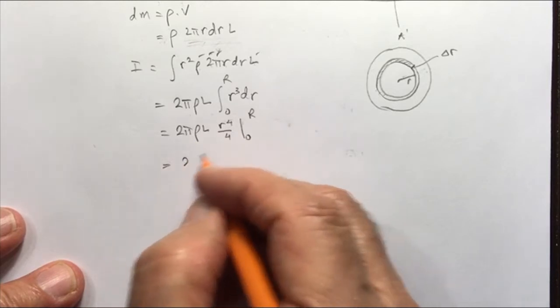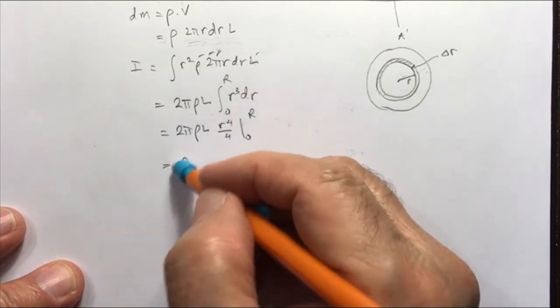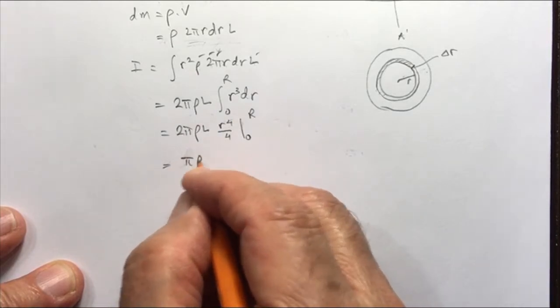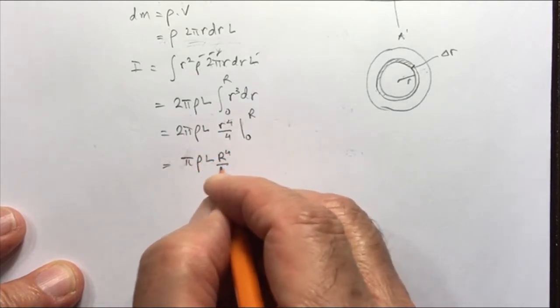So we can cancel one of the 2's, so it becomes pi rho L R to the fourth over 2.